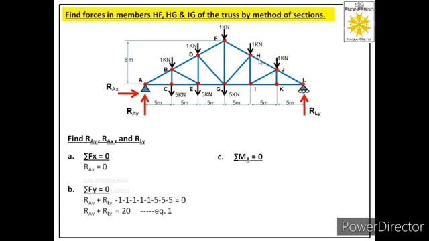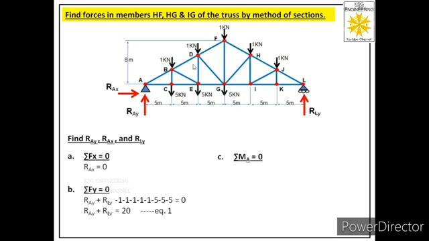The next force acting at joint H, which is 1 kilonewton again, will generate a clockwise moment, so that will also be negative, and its magnitude will be 1 into 20. The next force is 1 kilonewton again, acting at joint F. It will also generate a clockwise moment, so we have to consider this as negative, and its magnitude will be 1 into 15.